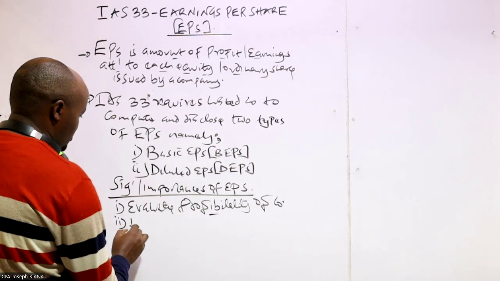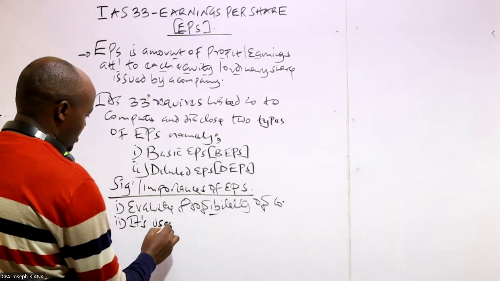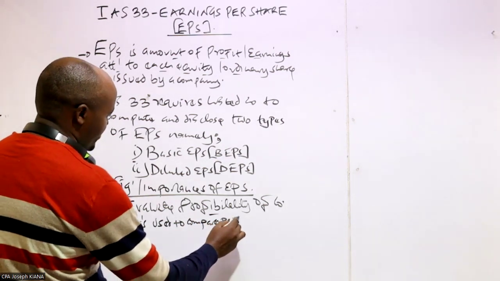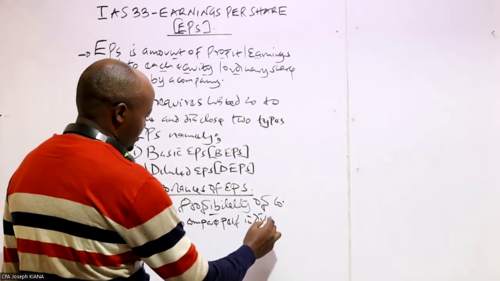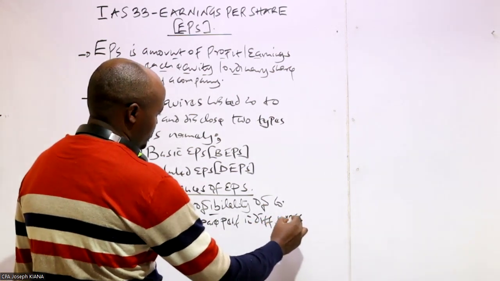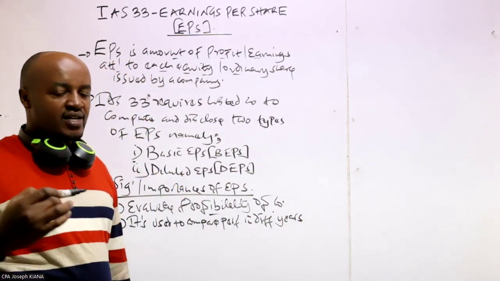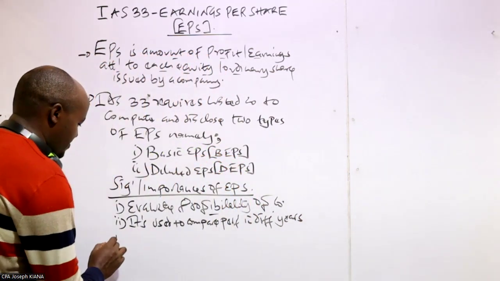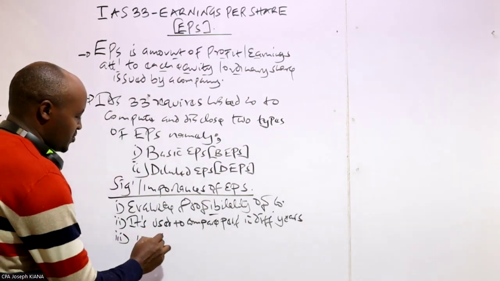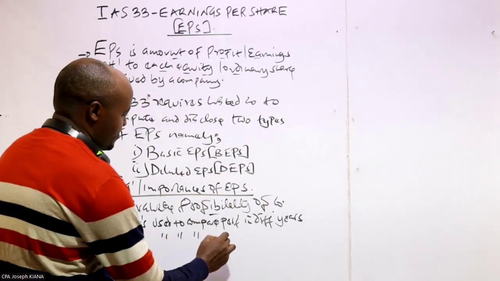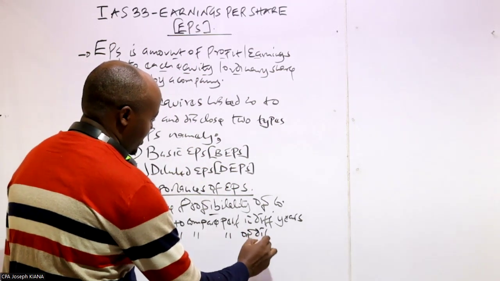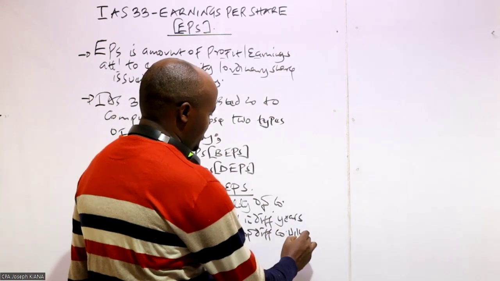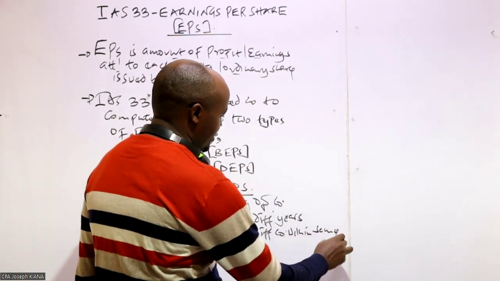So the shareholders can use earnings per share to compare the performance of the company in different years. Number three, earnings per share is also used to compare the performance of different companies within the same industry.